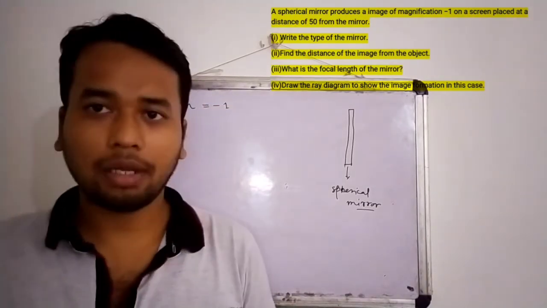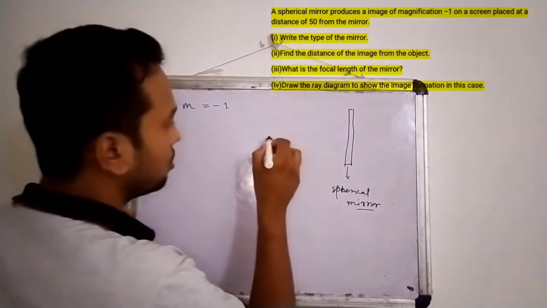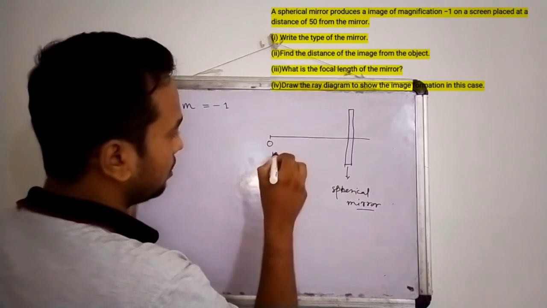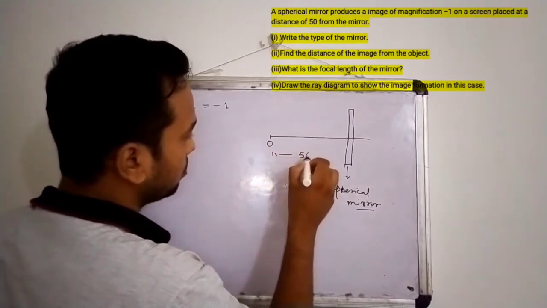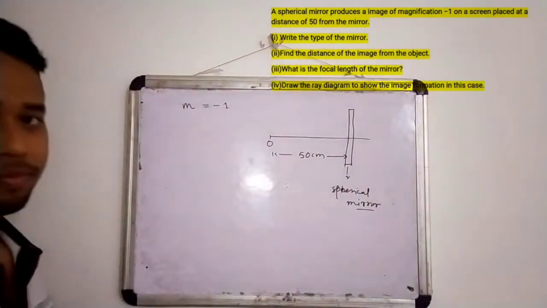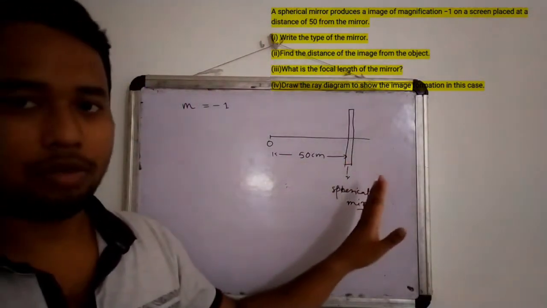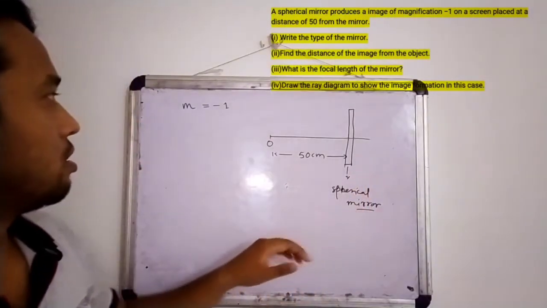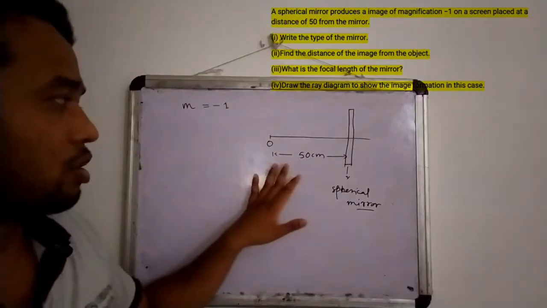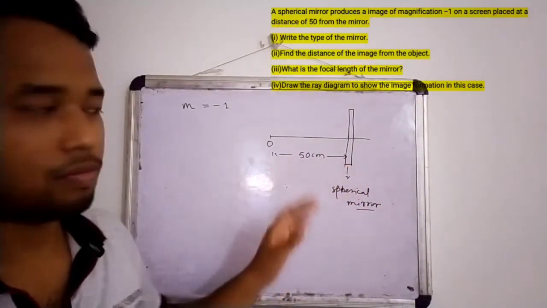Okay, magnification is -1, and we place an object at a distance of 50 centimeter from the mirror. So this is the question. So there is a spherical mirror which produces a magnification of -1, where the object is placed at a distance of 50 centimeter from the mirror.